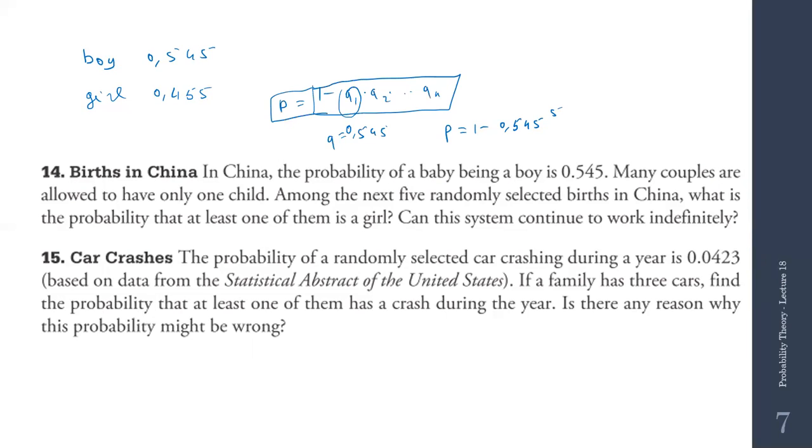Take the 0.545 on the calculator to the 5, which equals 1 minus 0.048, equals 0.95.